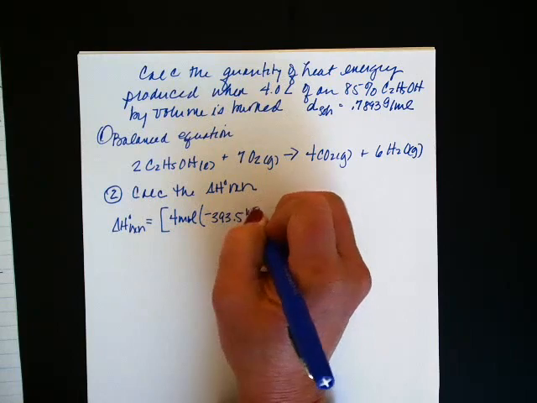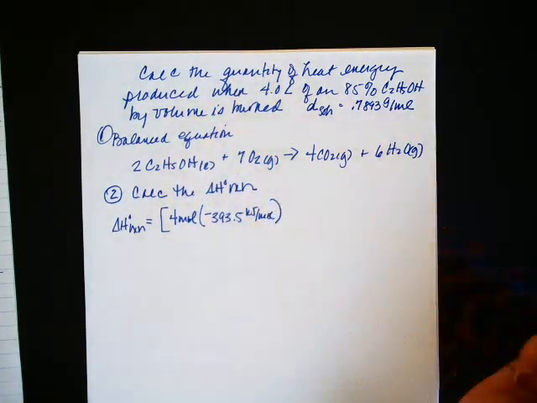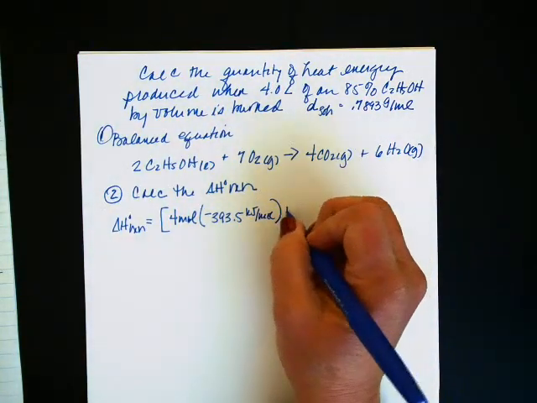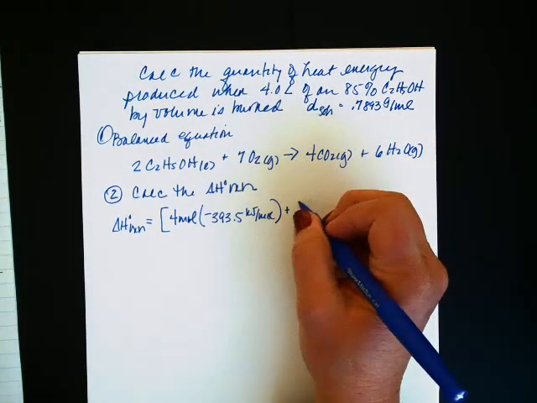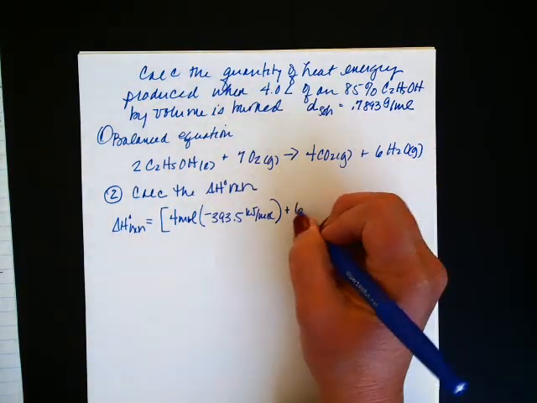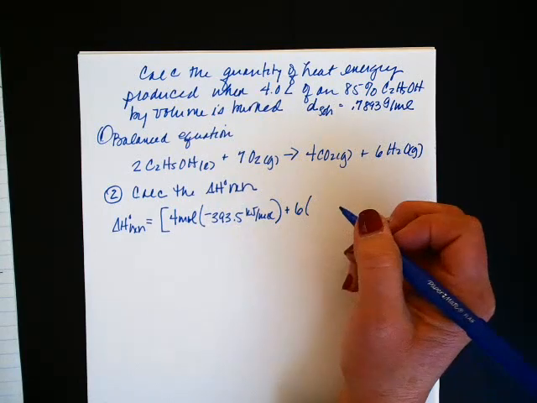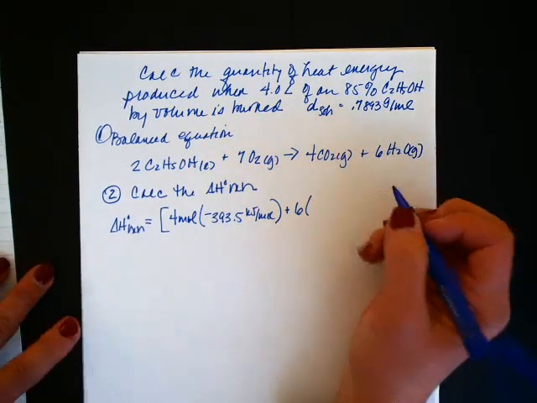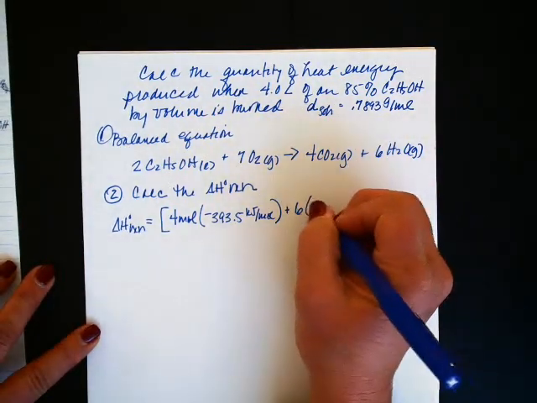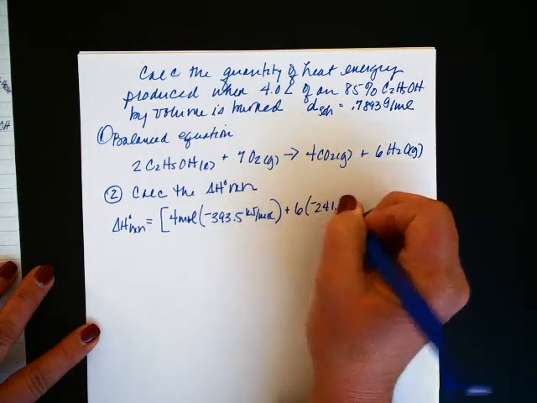And to that, I'm going to add 6 times the standard heat of formation for water. In the gaseous state, it is negative 241.8 kilojoules per mole.